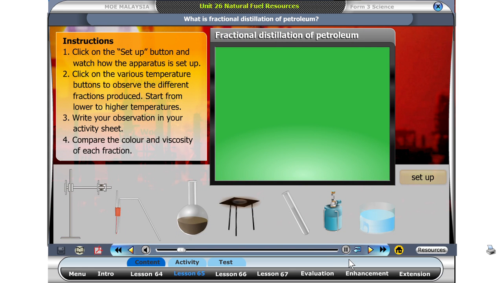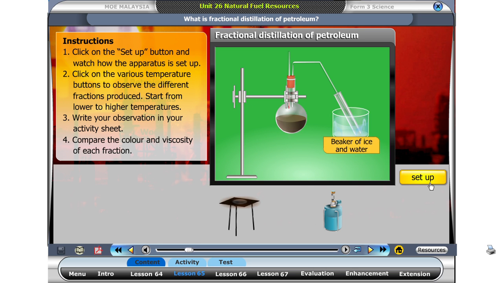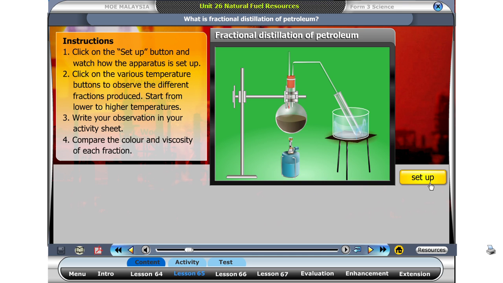Observe how petroleum is distilled into its fractions. Click on the Set Up button and watch how the apparatus is set up. The following apparatus is set up.